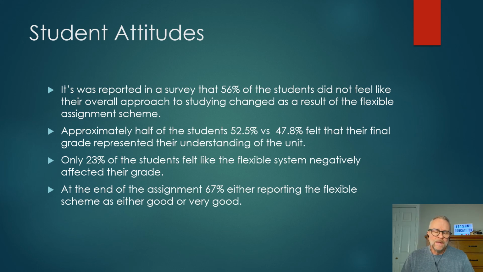And so you still have a pretty substantial number of students there, 33% or so, that did the additional assignments that didn't feel like it went very well for them. And maybe they were just overwhelmed by the extra work. I don't know. I'd be interested to see why they felt like it was not a good thing.